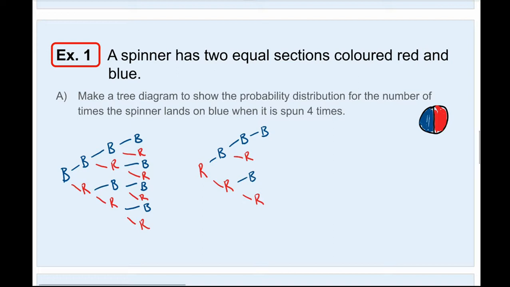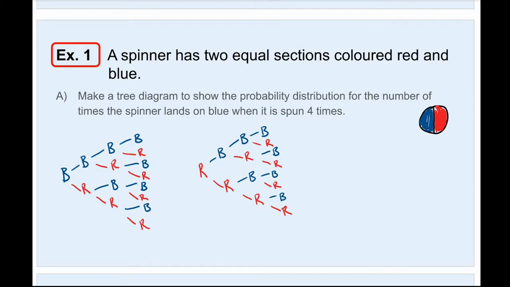It's basically just the reverse of the last one. So those are the different outcomes that we could have, and now we visualize them.